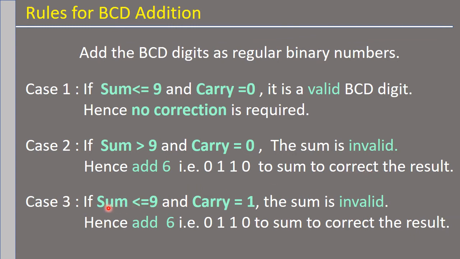Here, the sum of 2 BCD numbers is less than or equal to 9, but there is a final carry. Again, this is a wrong or invalid answer. So we have to correct the sum by adding decimal 6, that is, by adding 0110 to it. After this, we get the correct BCD sum. We will solve 3 different examples of BCD addition, considering one example of each case.